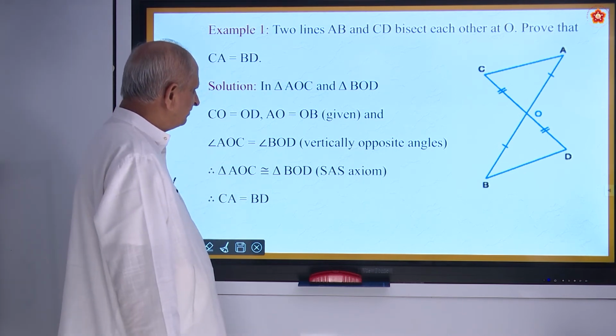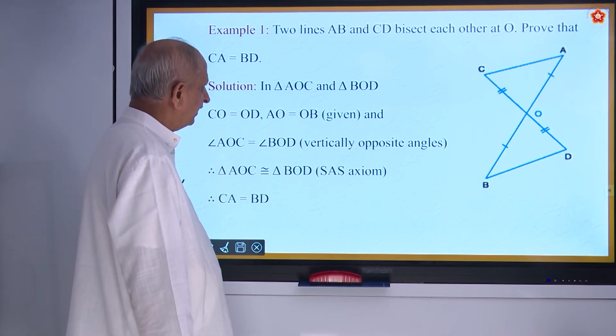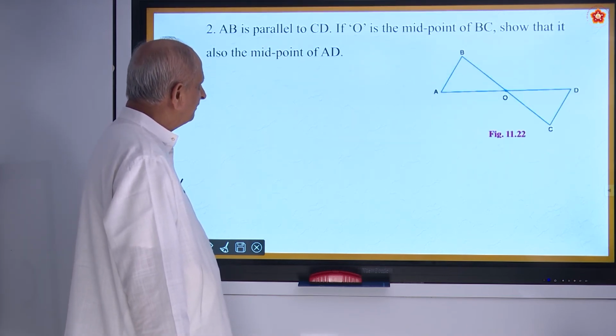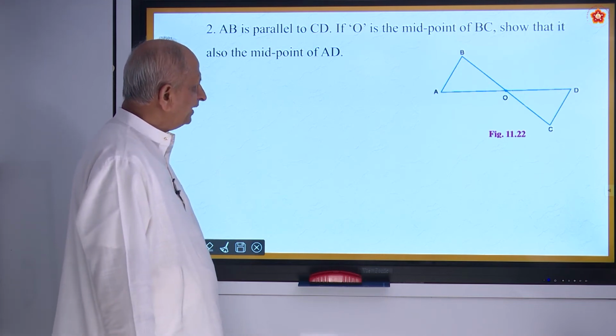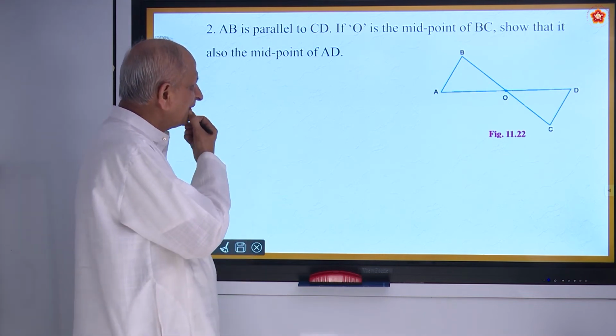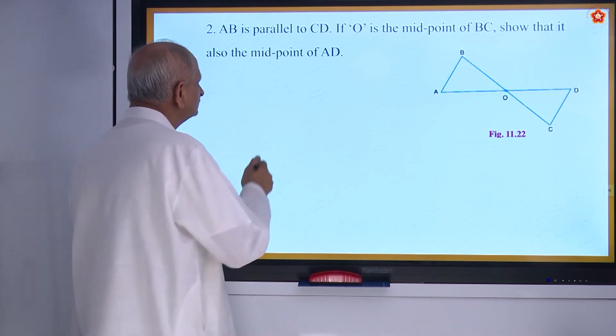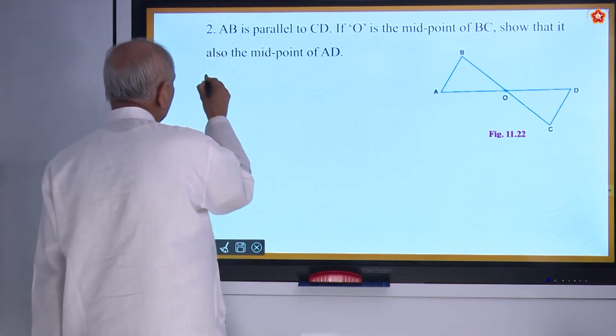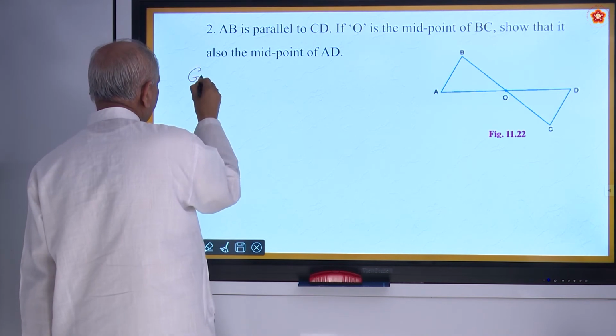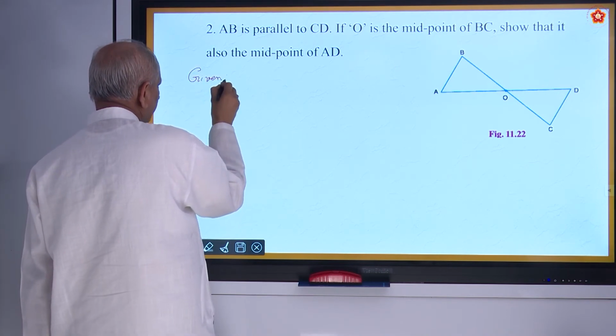Shall we pass on to the next problem? Okay. Next problem. AB is parallel to CD. O is the midpoint of BC. So, given, note down the figure.